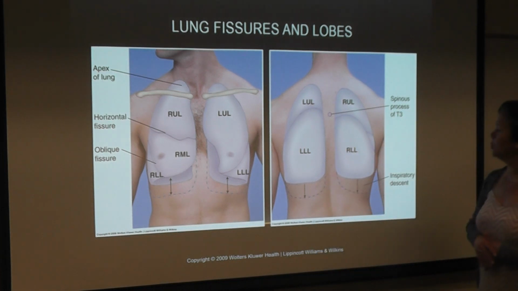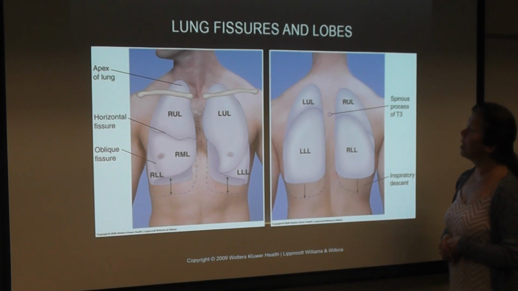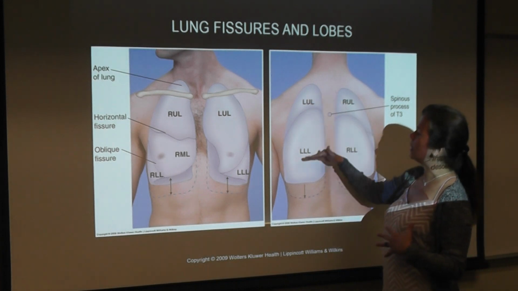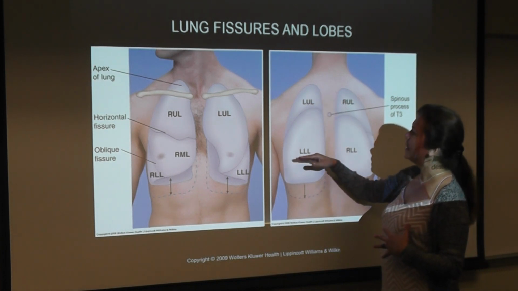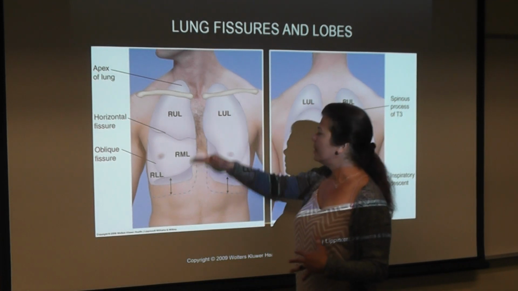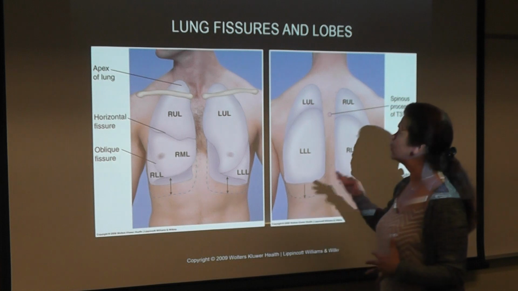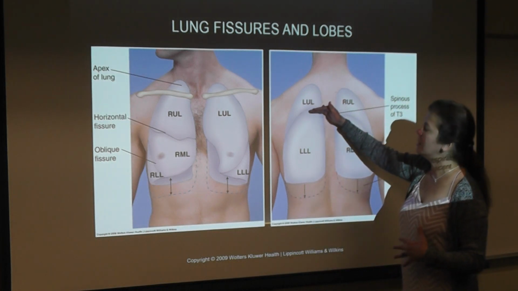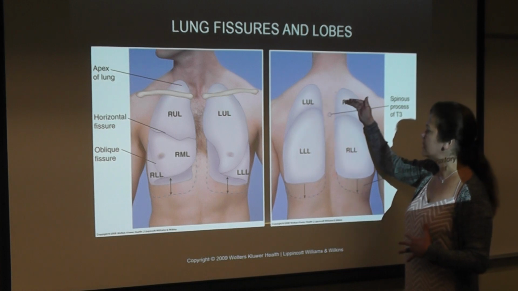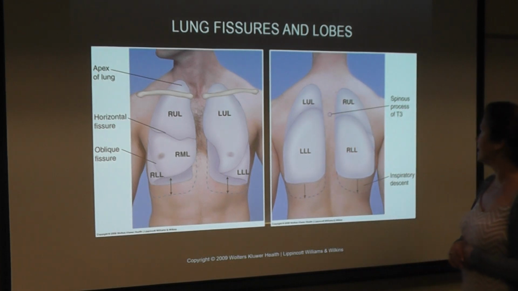Posteriorly, as I said, you also have the right and the left lung. Posteriorly, you will be able to see only the left upper and the left lower. As you can see in the anterior view, the upper lungs are bigger than the middle or lower lungs. Posteriorly, you're able to see that the left lower lung is more visible than the upper, the same way on the right side.